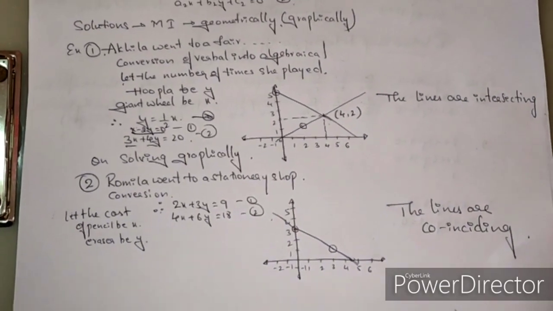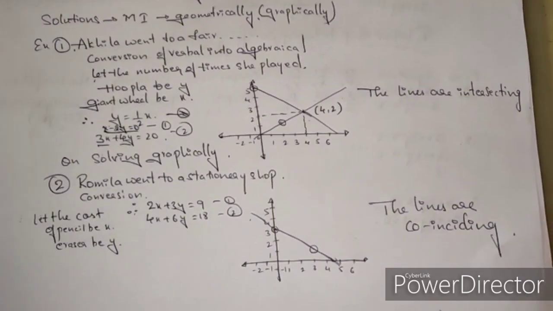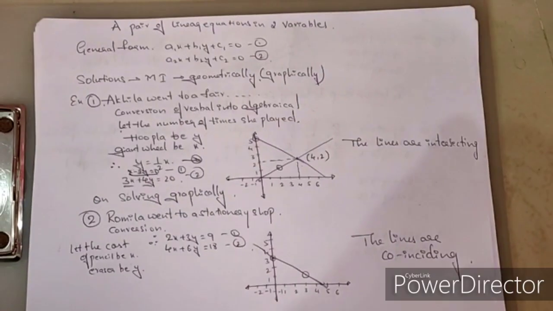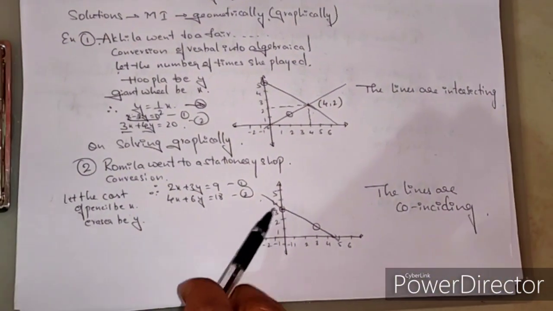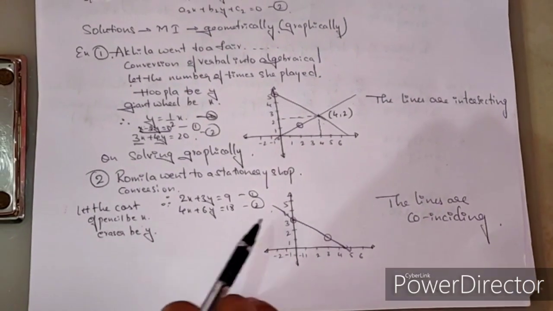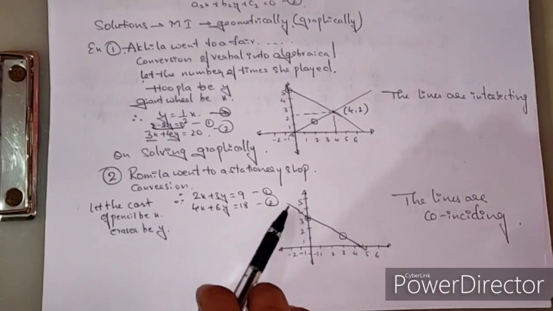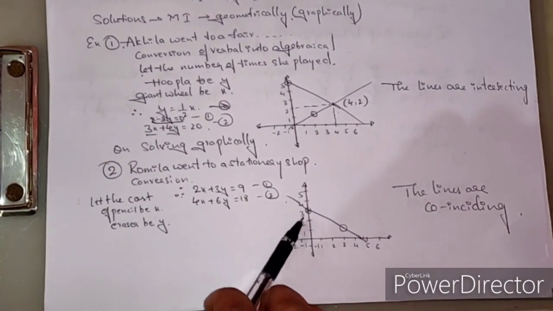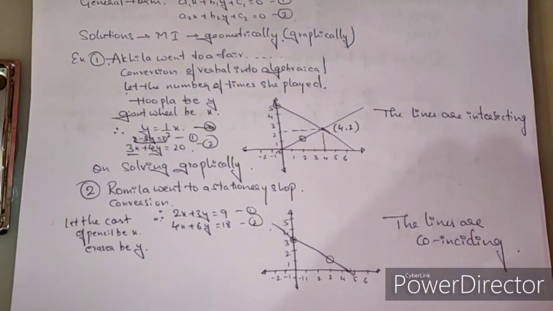They have asked us to represent this situation algebraically as well as graphically. When we look at the graph, it is not two separate lines. Both the equations, if you represent them graphically, overlap on each other. That is, the lines are coinciding with each other.